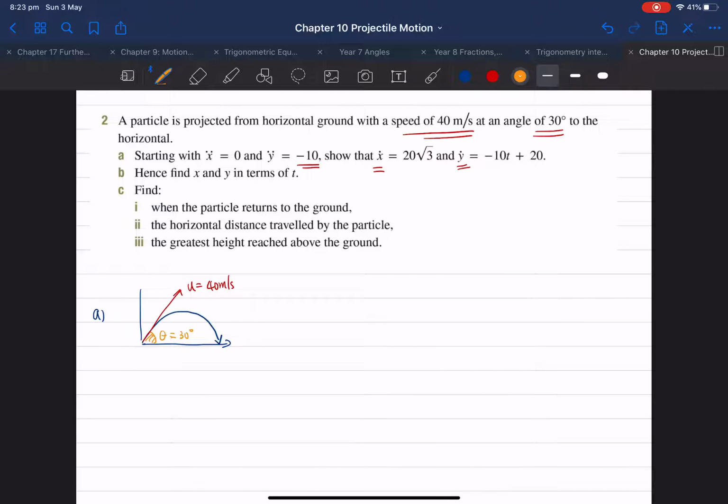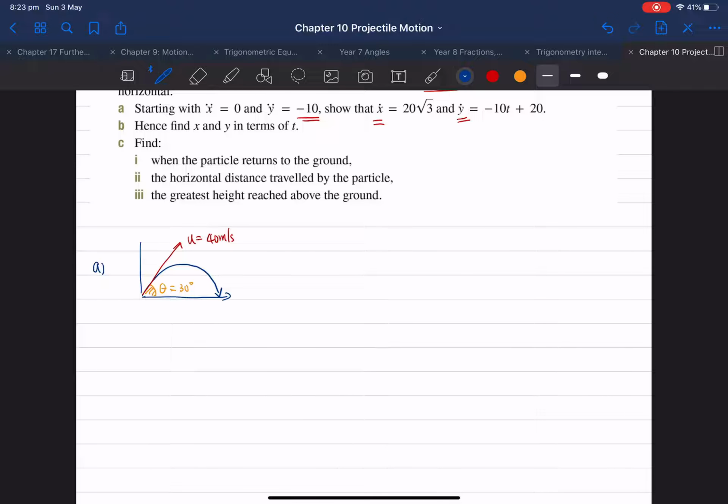All right, now from here, what we can do is we can start to integrate. Okay, so we know x double dot is equal to 0. Then x is equal to, well, if we integrate that, x double dot dt, we're going to get u cos theta.